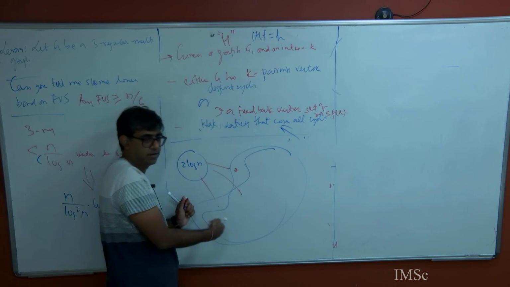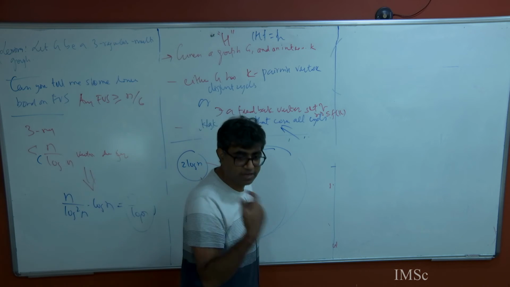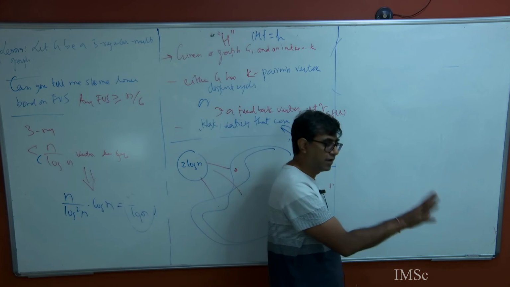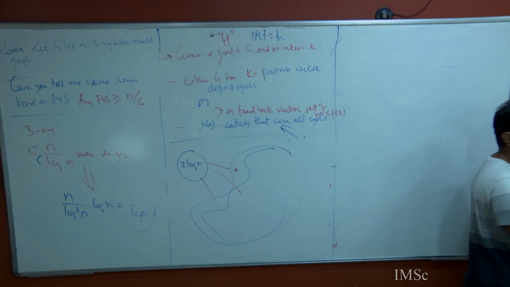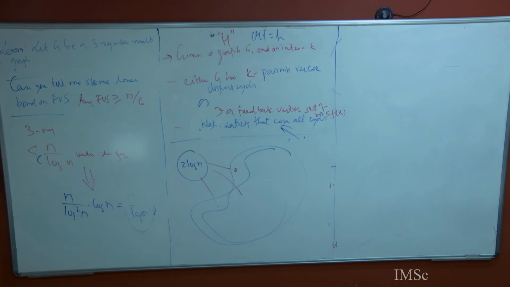So this is no more a 3 regular graph to which I can apply the statement: if a graph is 3 regular, or the minimum degree is 3, then there exists a cycle of length 2 log n. I cannot apply that. But I want to see that this damage is very limited, so that I can handle this. Okay, you get my point, right?